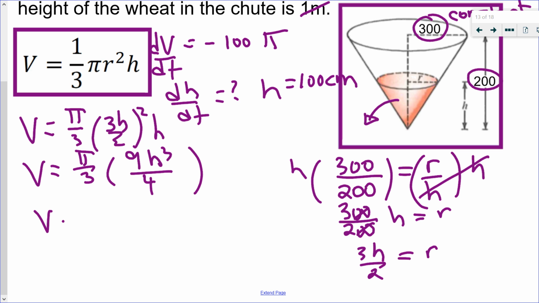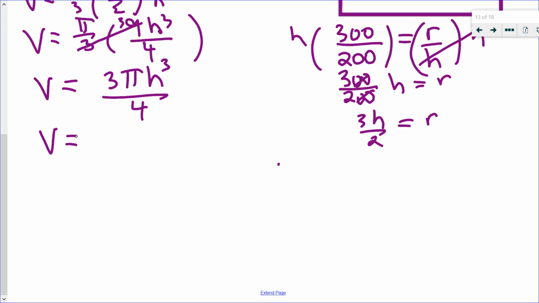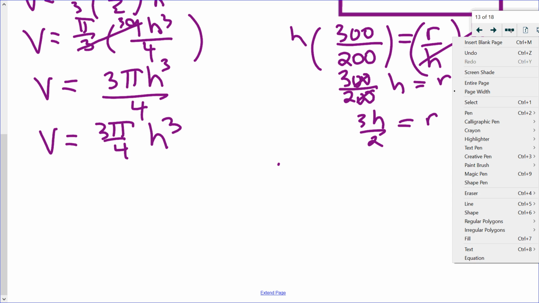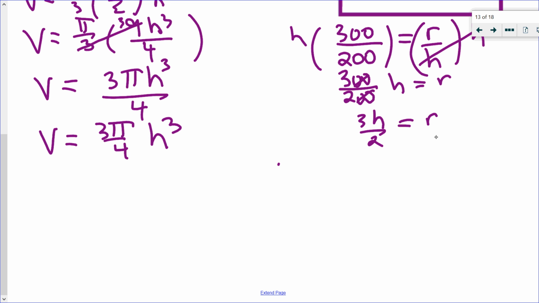Okay, so simplifying this, 9 divided by 3 is 3. So I'm left with 3 pi h cubed over 4 as the volume. And again, I can just write that so that the constant is up front. So volume is equal to 3 pi over 4 multiplied by h cubed. So at this point, I have a volume only involving v's and h's, so I'm good to go.